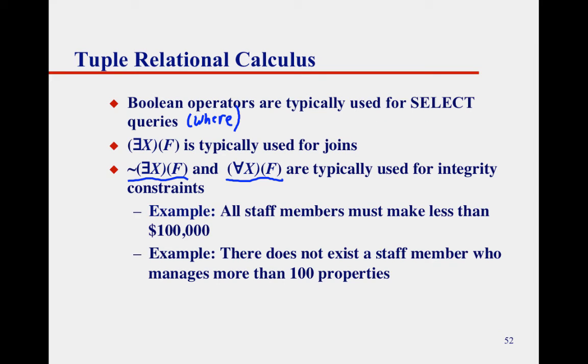Not exists not X is always the same as for all X. Right. And who's the famous person who said it? De Morgan. Very good. De Morgan's law says that these two things are the same.